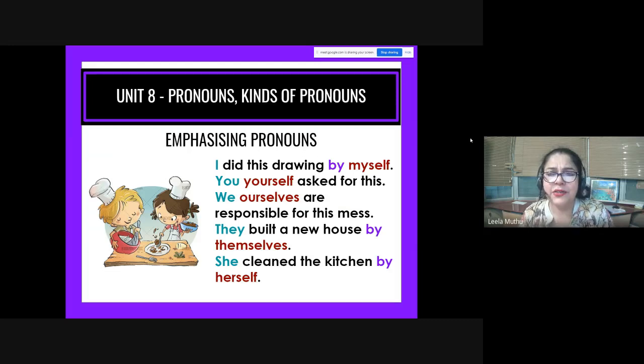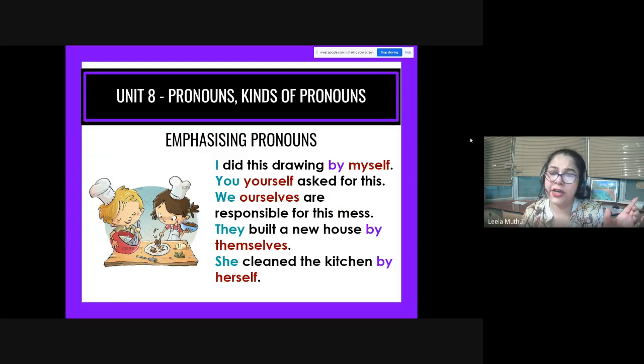All right. So I'm sure by seeing these examples, you have really got an idea of exactly the difference between a reflexive pronoun and an emphasizing pronoun. A reflexive pronoun is used when the subject does an action to themselves. I washed what? I washed myself. She cleaned whom?